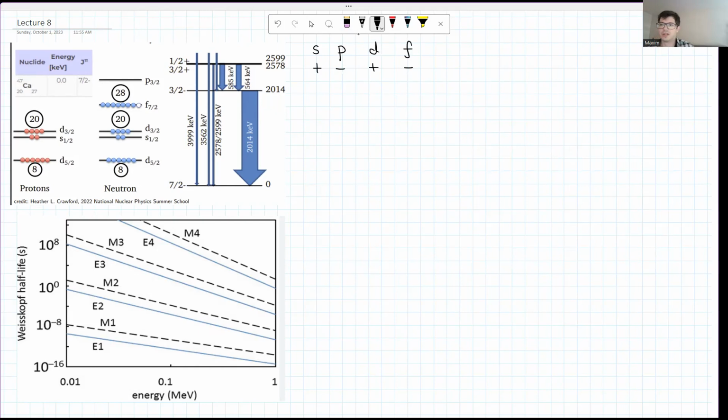So, okay, those were the parities corresponding to the various orbital angular momenta. So why don't we see a 3/2 plus to a 7/2 minus transition?